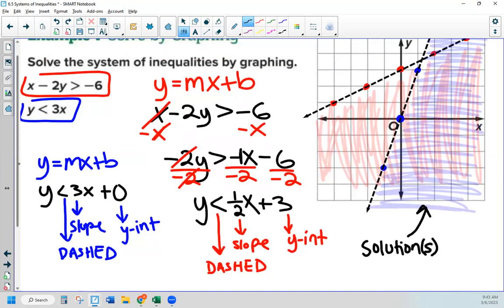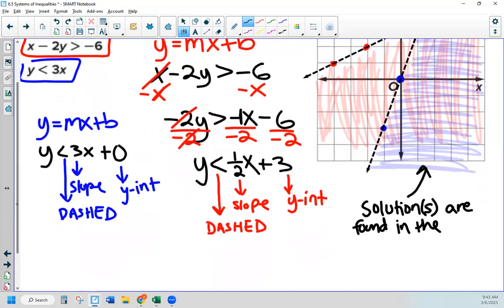Solutions are found in the shared, shaded region.